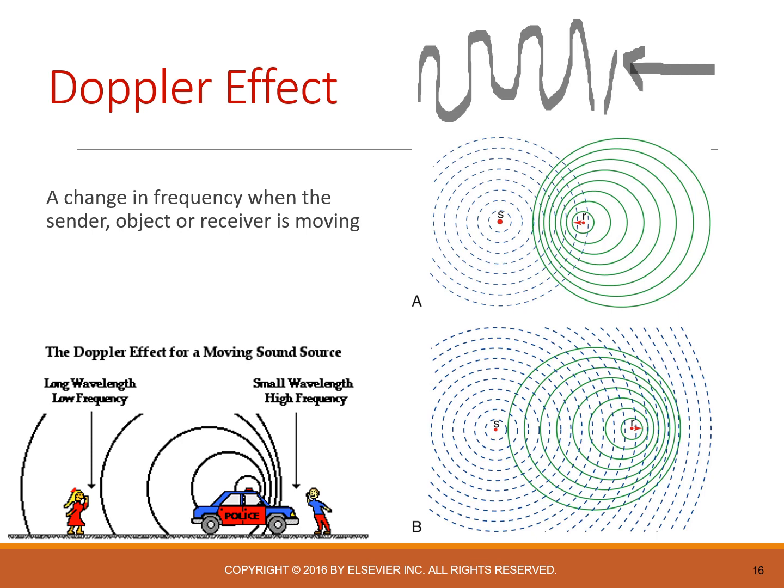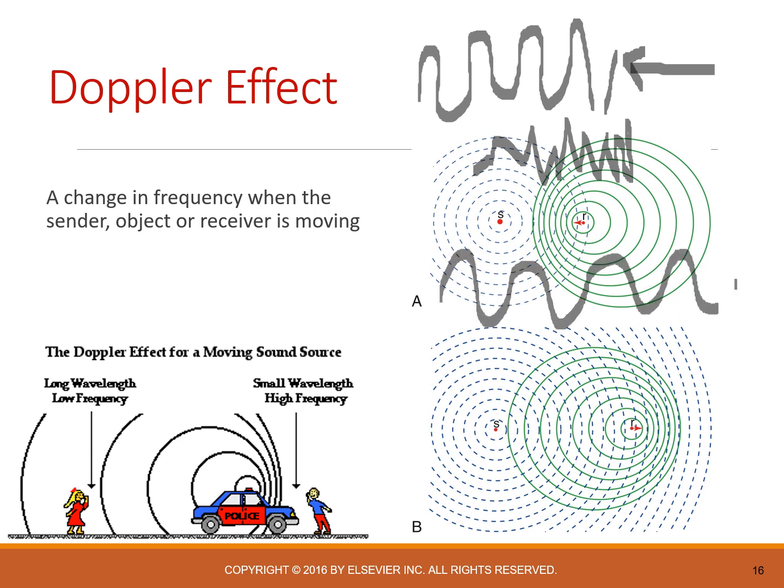If that object is moving toward my sound wave, it is going to reflect that sound wave back with a higher frequency than the sound wave came in with. If it's moving away, that sound wave is like chasing it. When it does finally hit it, it is going to be reflected back with a lower frequency than it started with.